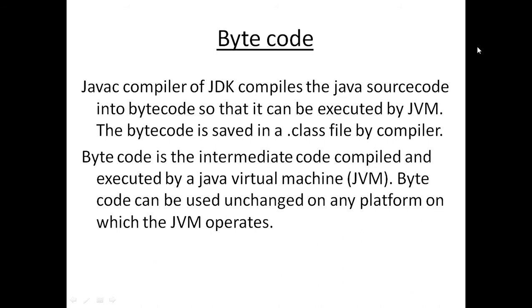The bytecode is saved in a .class file by the compiler. Bytecode is the intermediate code compiled and executed by the Java Virtual Machine.